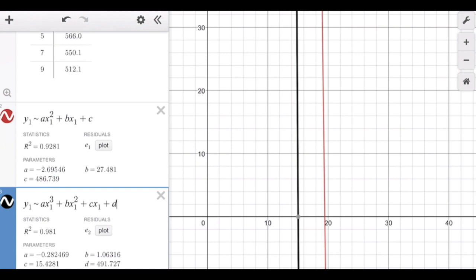Again, grabbing those values right from our notes.